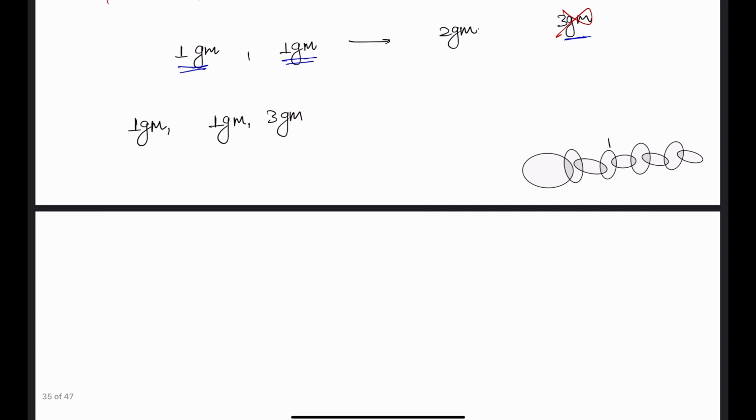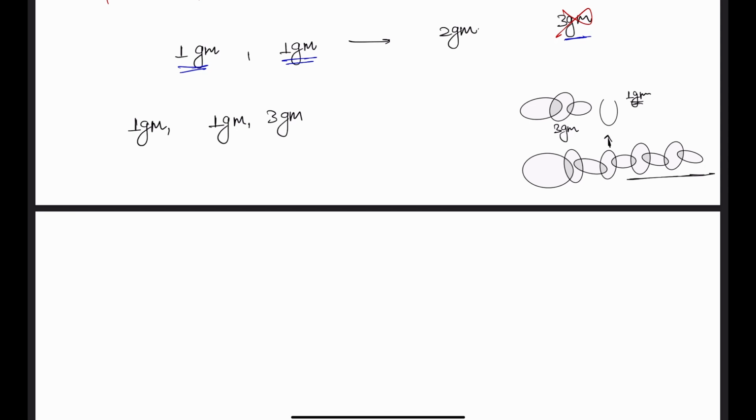Our first cut is at this place. So this becomes here, and this becomes this part. So this is our 3 gram, this is our 1 gram, and the rest, there is one more cut which as of now I am not sure about where it is.